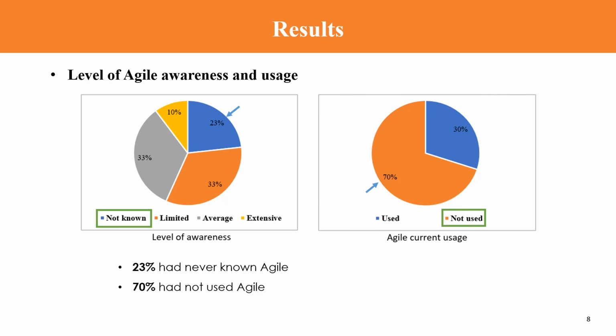The study also showed that 17% of organizations in Saudi Arabia had not used Agile. Therefore, these results show that Agile is still not widely known and used in Saudi Arabia, and align with previous studies conducted in some developing countries.